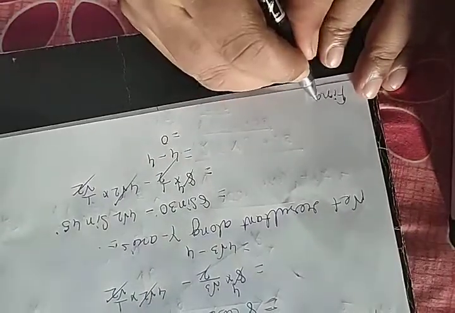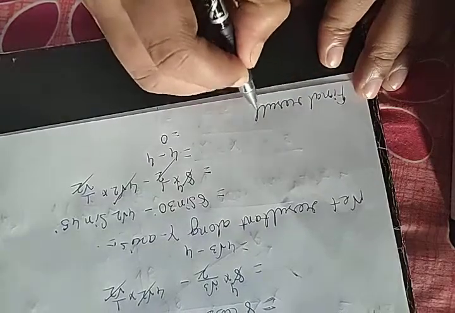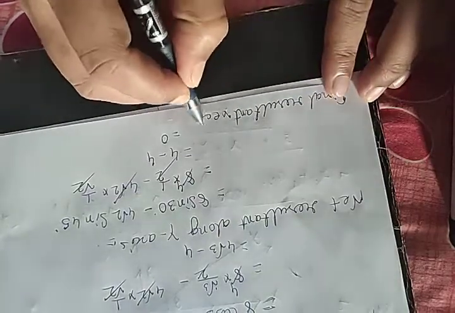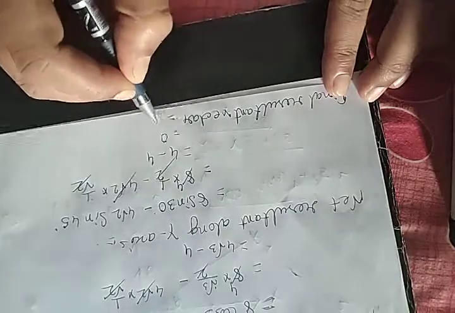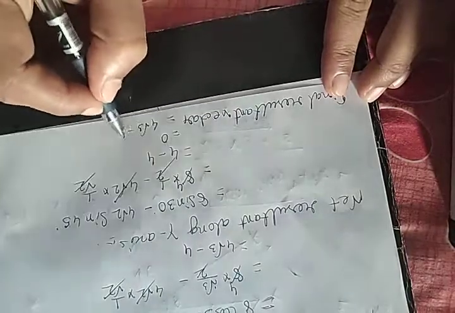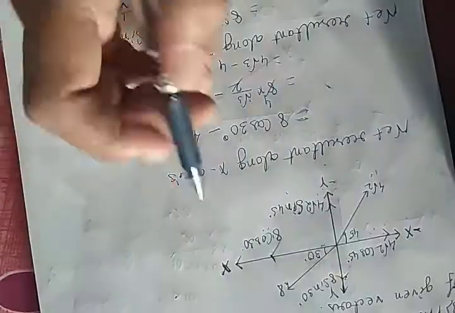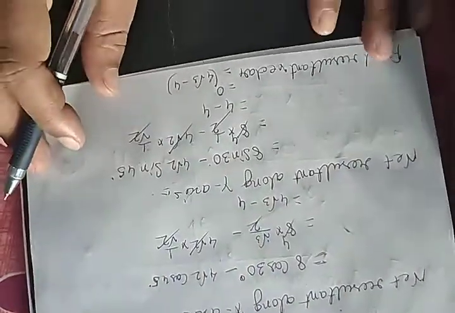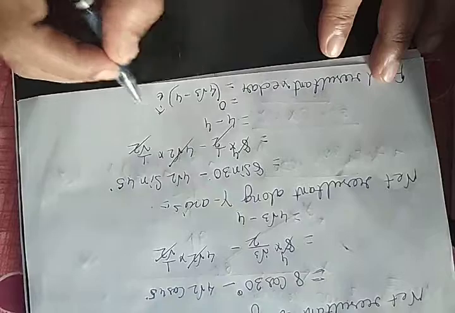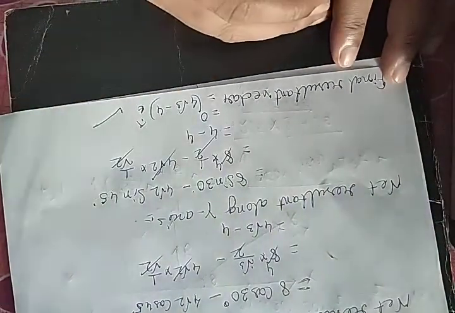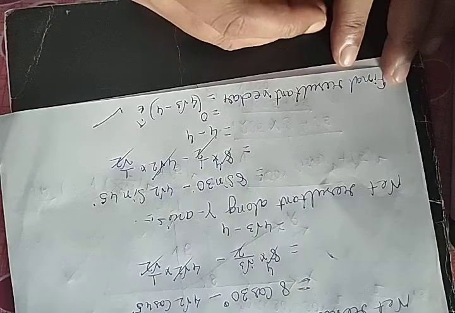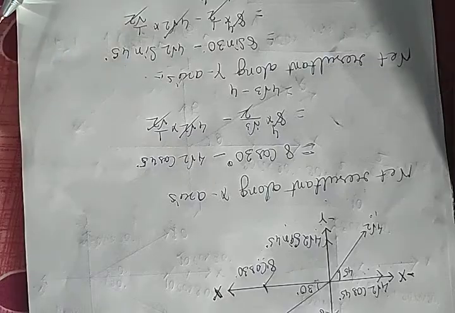So you can directly write the final resultant vector is equal to 4 root 3 minus 4, and this vector lies along the x-axis. The unit vector along the x-axis is i hat, or i cap. This is the expression for the final resultant vector. In this way you have to solve the problems. Thank you for today.